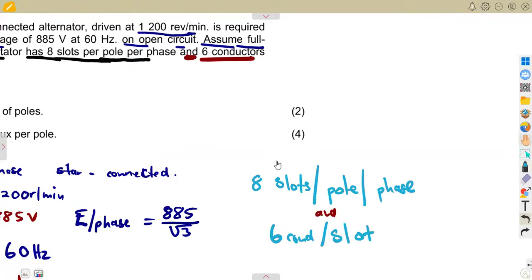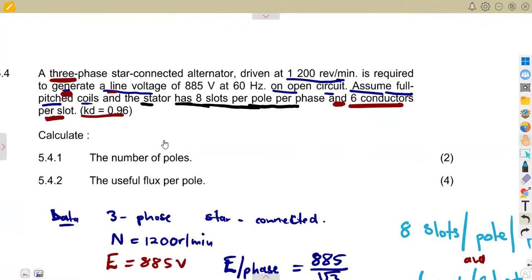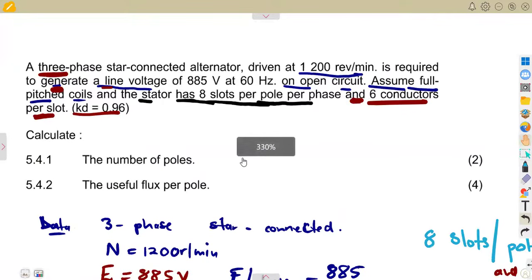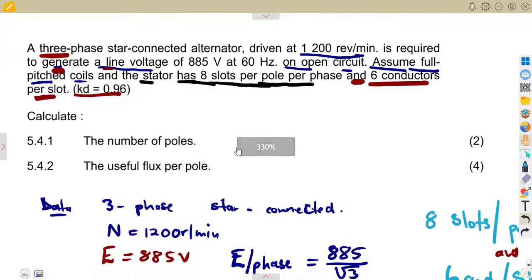Okay. Meaning to say, we skipped something about the poles there. So the question is, we are not given the poles, so we're going to calculate that one. That is what they want as 5.41.